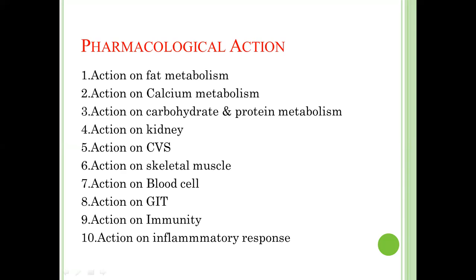Suppress means inhibit. And in immunity, it suppresses all types of allergic reactions, means it puts down all types of allergies. So this is about the pharmacological actions of glucocorticoids. Any doubt? Up to this, are all these points about glucocorticoids clear?